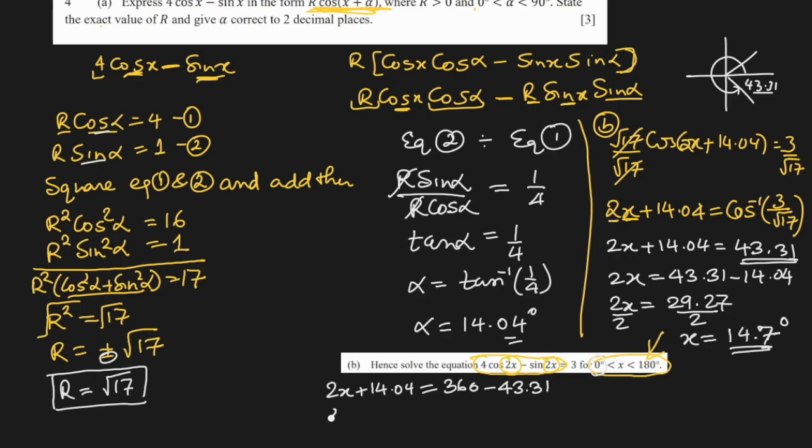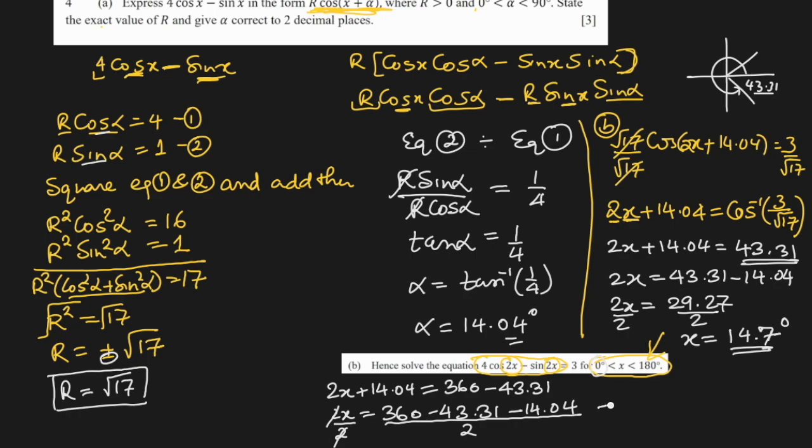So 2x equal to 360 minus 43.31 minus 14.04. Divide this whole thing by 2, we will get our second answer. What I'm getting is 151.325. So I will adjust to 151.3. This is the second angle.